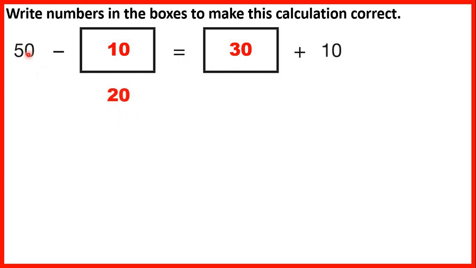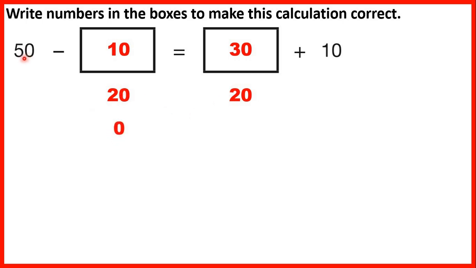So if we did 50 minus 20, that would be 30. So then we would have something plus 10, and it would need to total 30. Now 20 plus 10 is 30. So if we have 50 minus 20 and 20 plus 10, because they both equal 30, we can say that they're equal, so we could use 20 and 20.